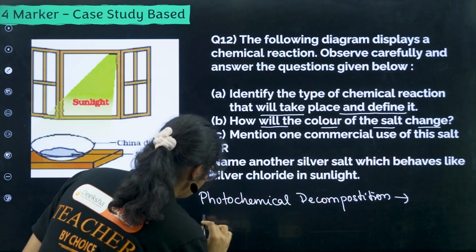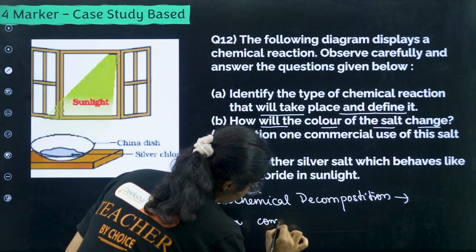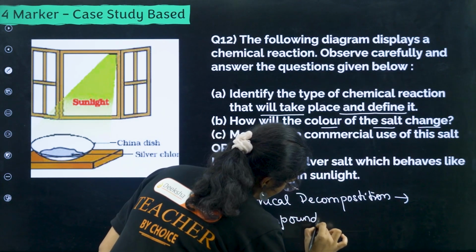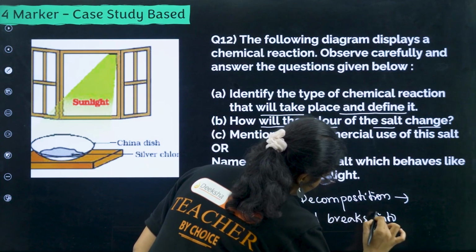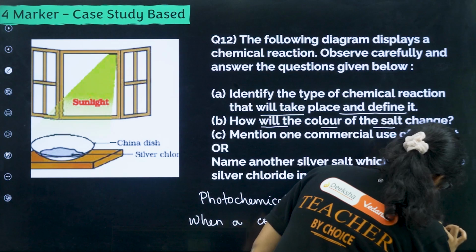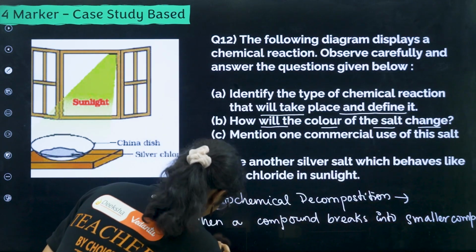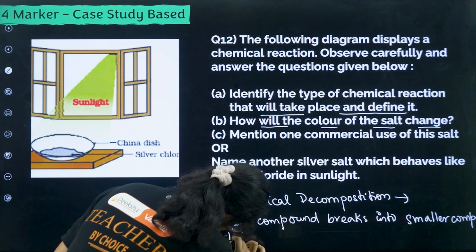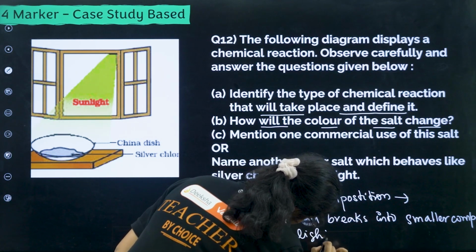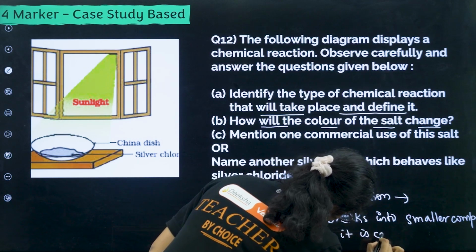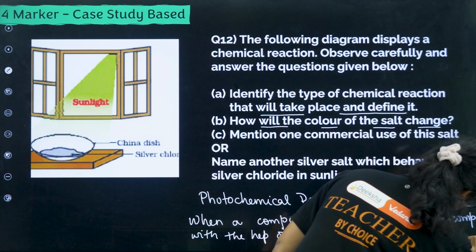So when a compound breaks into smaller compounds with the help of light, it is called photolytic decomposition.